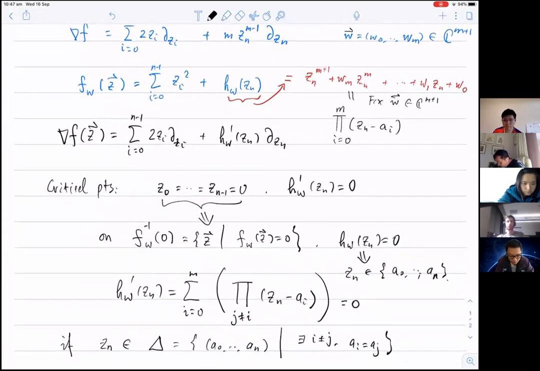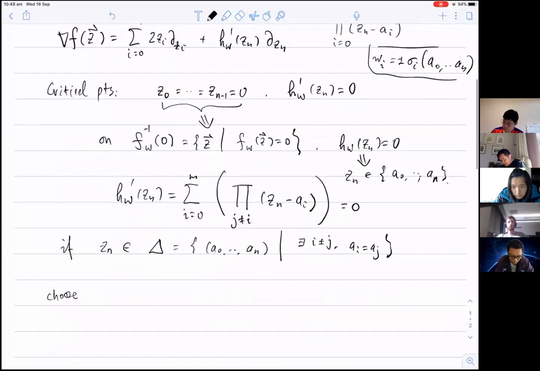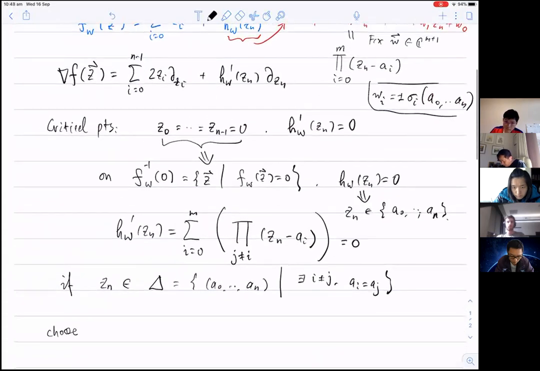For example, W0 will be the product, up to a sign, plus or minus, of this product of the a_i. So actually, up to a sign, these will be the symmetric polynomials, because you can just look at the coefficients. And so you can choose this W.